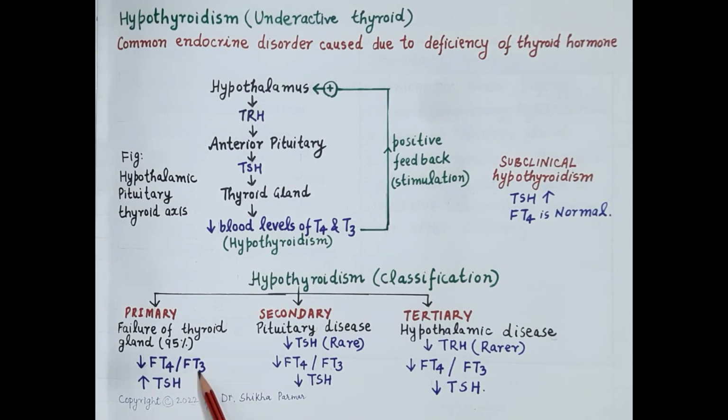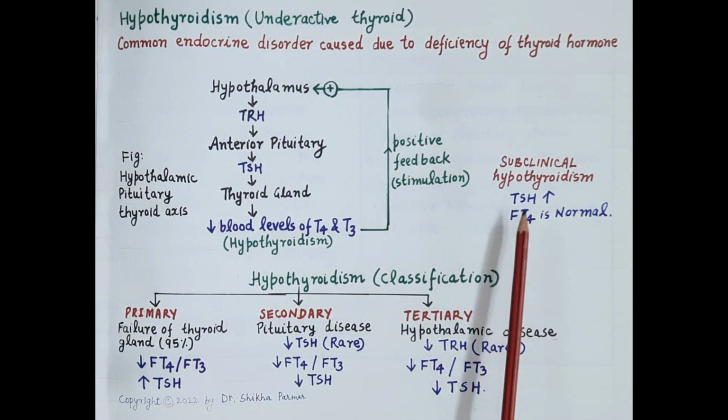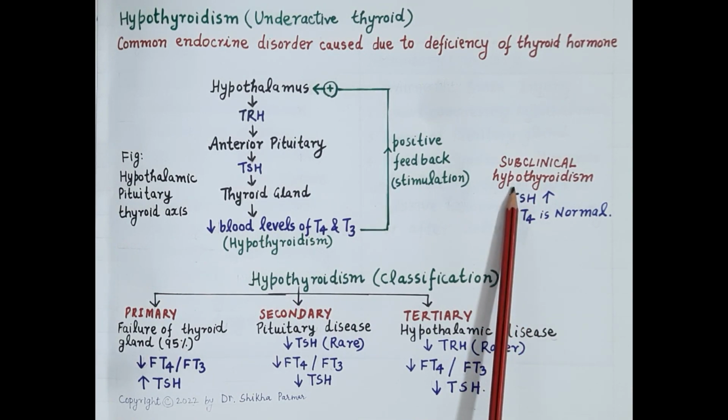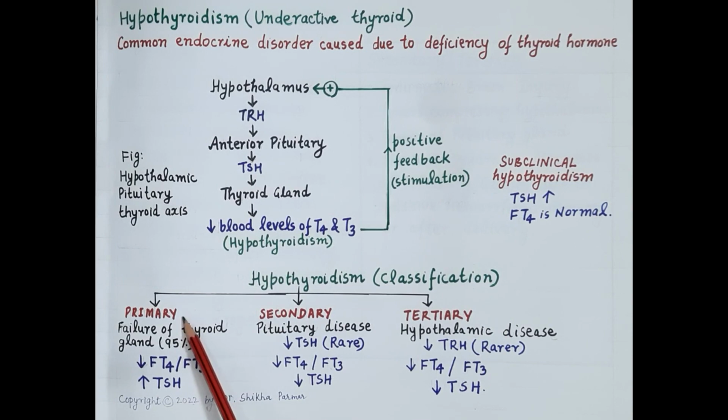So this is why the levels of TSH remain high in subclinical hypothyroidism and also in primary hypothyroidism, which accounts for 95% of all cases of hypothyroidism.